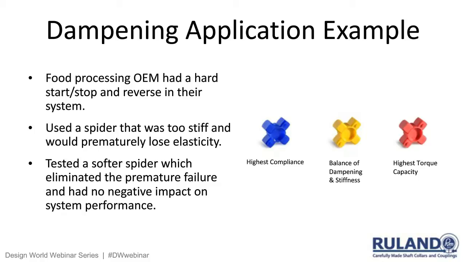Our curved jaw couplings in most sizes have three choices of spider hardness, and taking into consideration how much dampening you need will help point the right direction as to what spider to use. So you have the 85 durometer blue, the 92 durometer yellow, or the 98 durometer red.